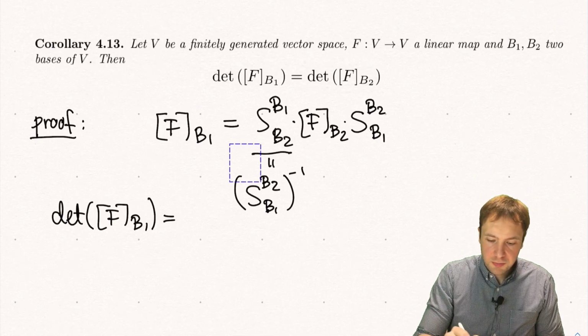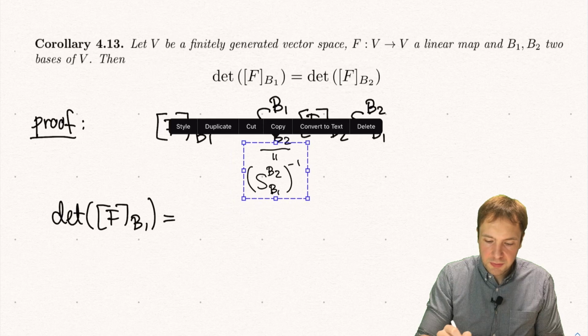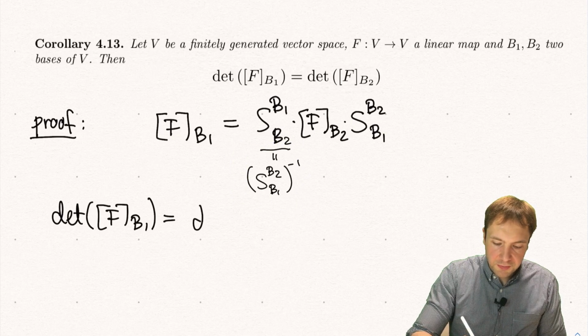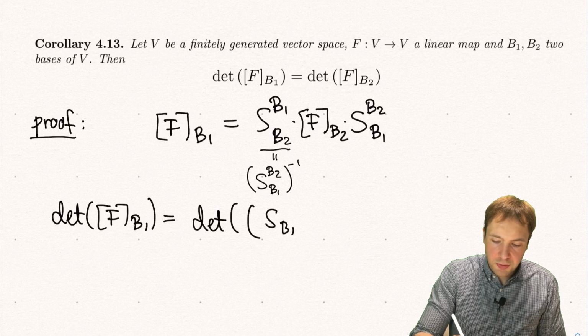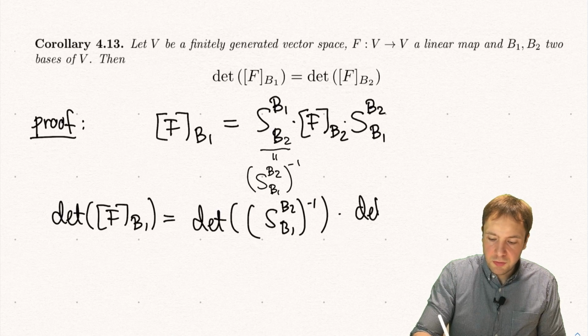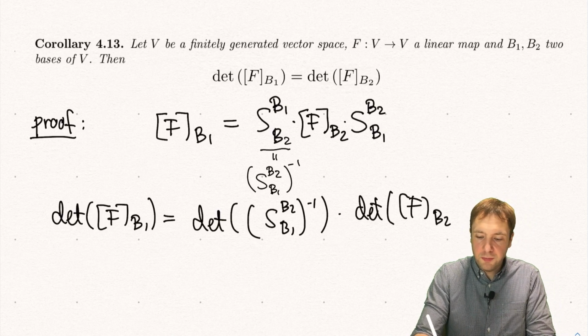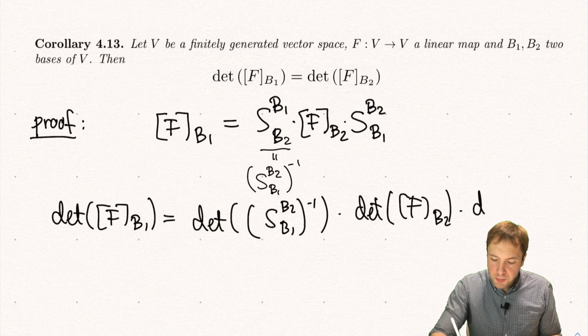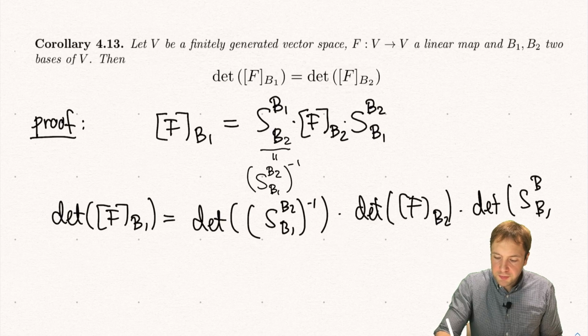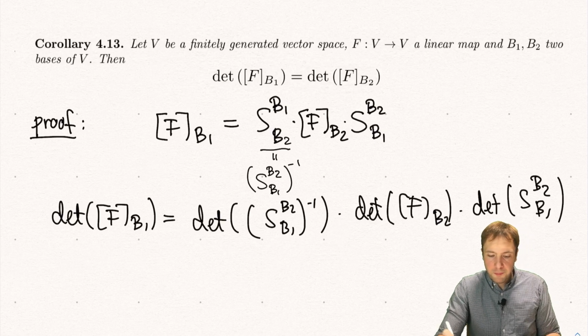So we get the determinant of the matrix S_B1,B2 inverse times the determinant of the matrix of F with respect to the basis B2 times the determinant of the change of basis matrix from B1 to B2.